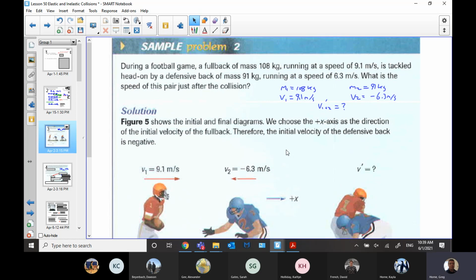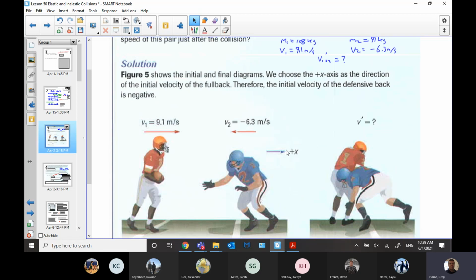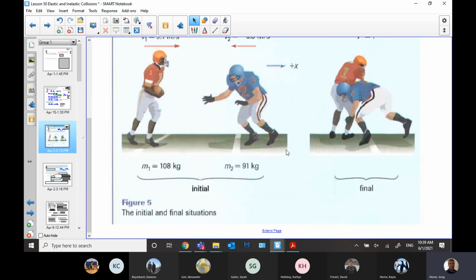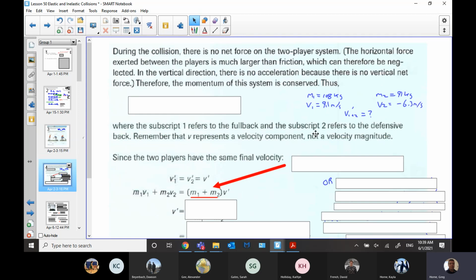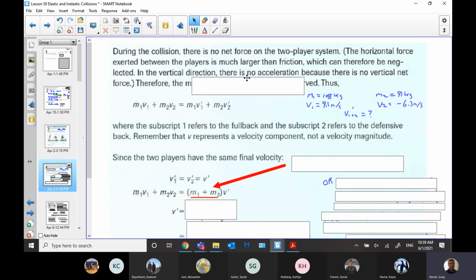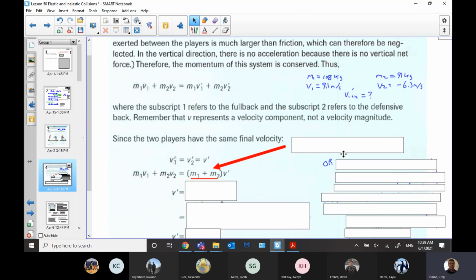So we are going to figure out the velocity they'd have as a combined group of football players. I was going to say physics players for a second, but it's not the same. We know, like it says, momentum's conserved. I'm going to show my version first, because I think it's a little easier to follow.